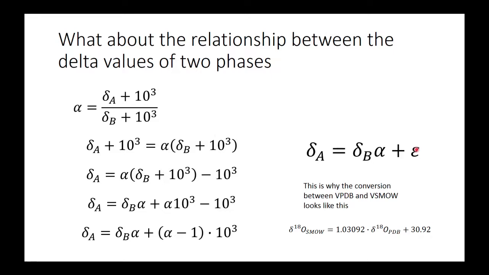So this is where this equation here ultimately comes from. So this basically explains why, when we convert between SMOW and PDB in terms of our standards, we don't just use the difference in delta value between them. We also need this alpha term in there as well.